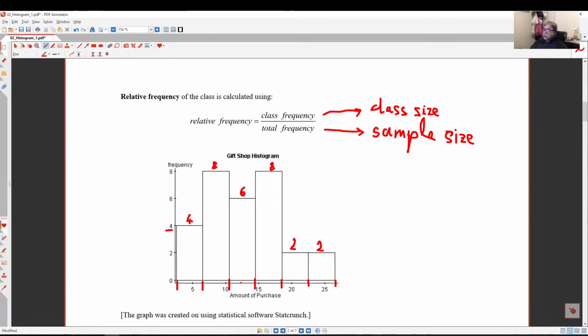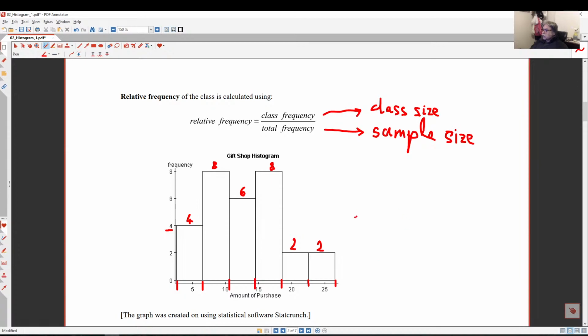So you can see there might be something more popular that people are buying at the gift shop that is somewhere between $7 and $10, and there's another popular thing that might be somewhere between $15 and $18. And then anything more expensive than $20 is not very often bought. Okay, that is the information we get from this histogram, which is better information than you would get just looking at the numbers.